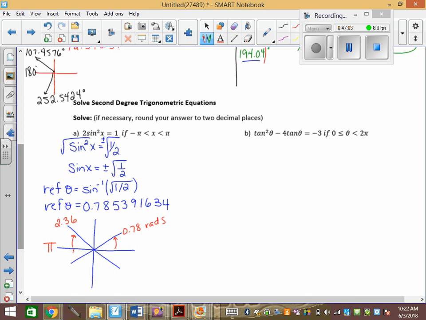And this one, you're going to go pi plus it. And you're going to get 3.93 rads. And then this one, you're going to go 2 pi minus it. And you're going to get 5.50 rads.